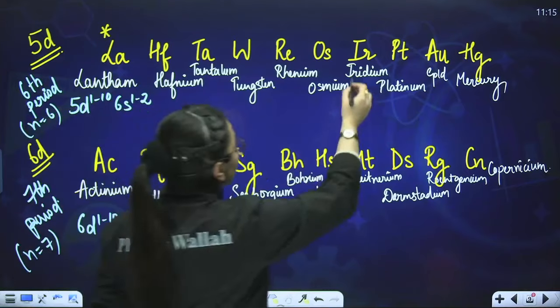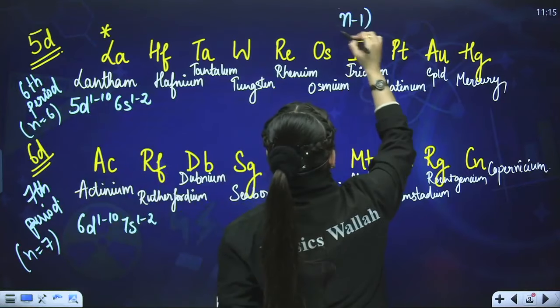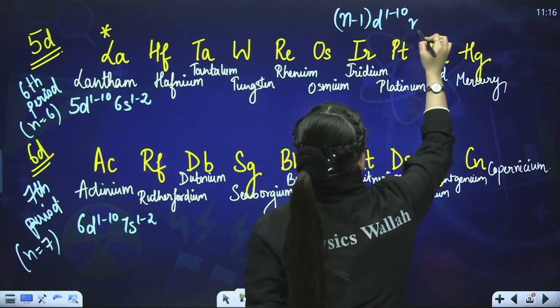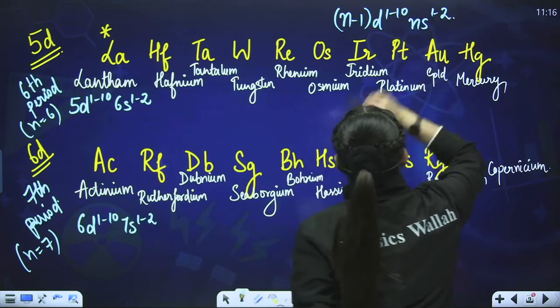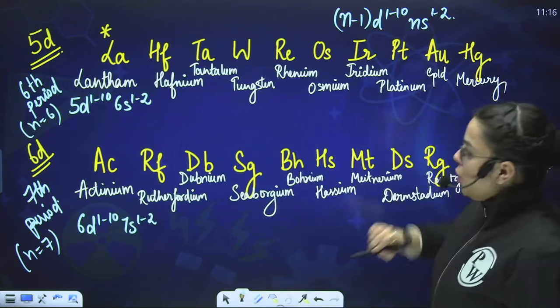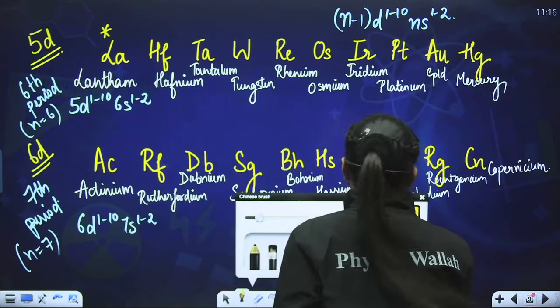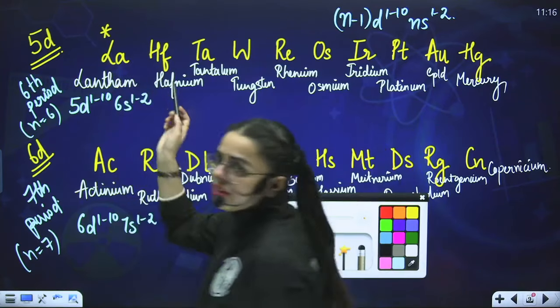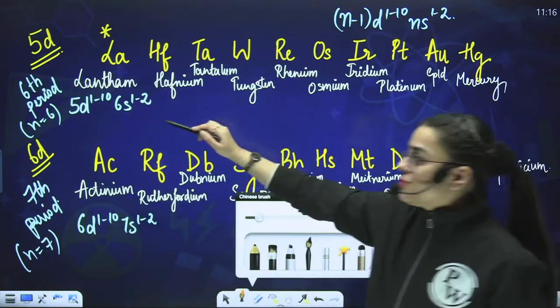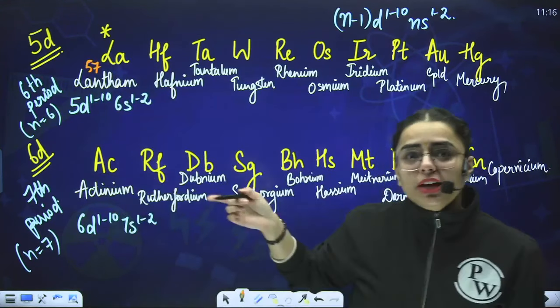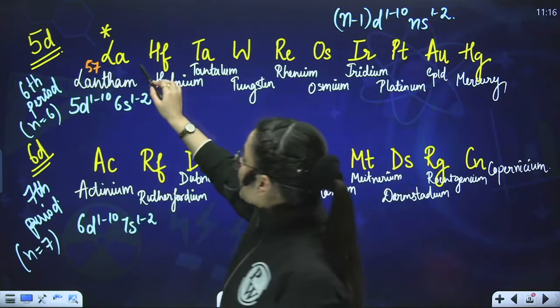And what was the general electronic configuration that we used to say? (n-1)d 1 to 10, ns 1 to 2. Yes, yes, ma'am. Okay, now one thing from over here: if I start from the very first element, it starts from the 57th atomic number, and I've already told you hafnium has an atomic number of 72.